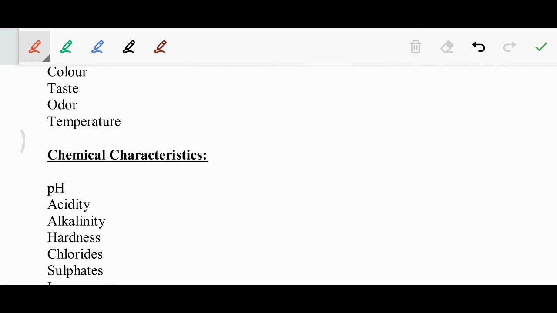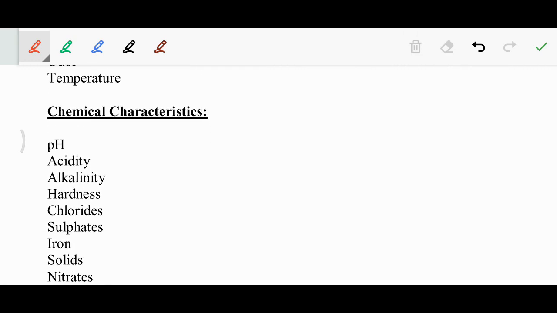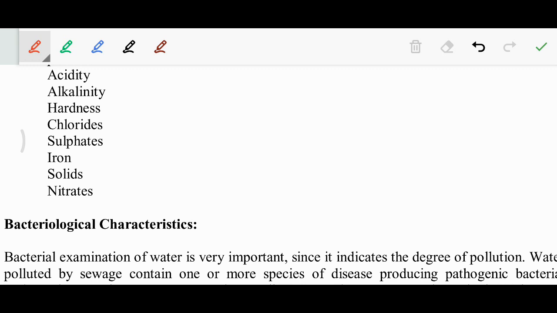Next, you can test by chemical characteristics in laboratory, that is pH, potential of hydrogen present in that sample, acidity, alkalinity, hardness, chlorides, sulfates, iron, all these minerals that are present in the water sample. We can test by some titration methods in laboratory.